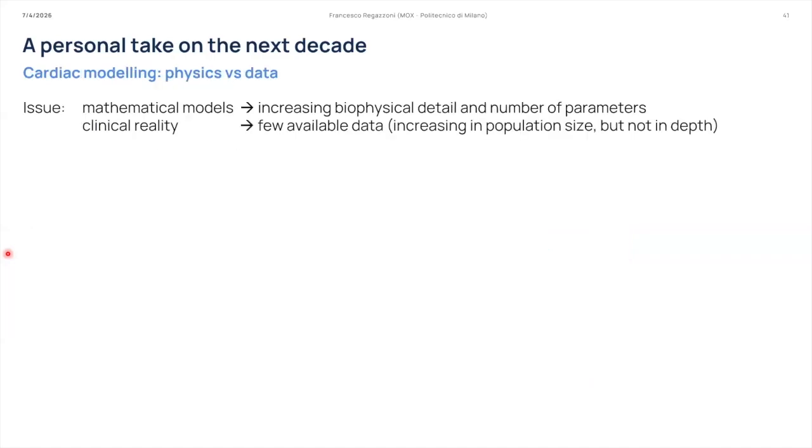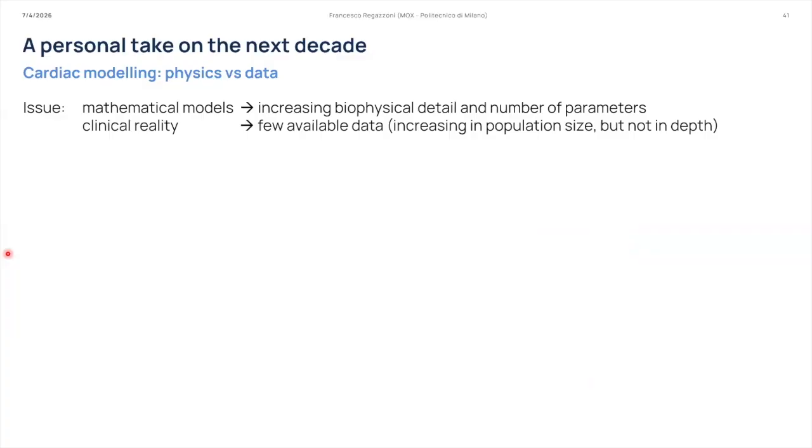Then what about cardiac modeling? There is an ongoing debate about the respective roles of physics and data. And I think that here the main issue is that there is a disconnection between the direction taken by mathematical models and the clinical reality.